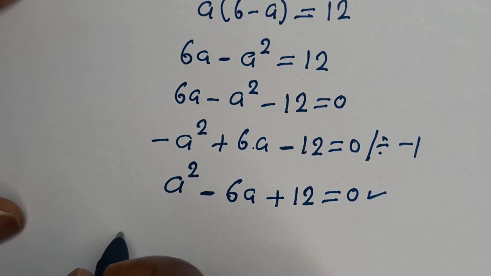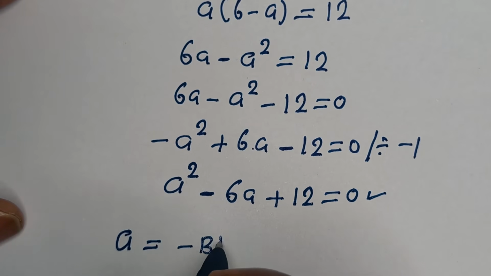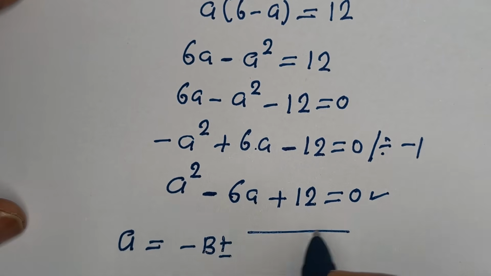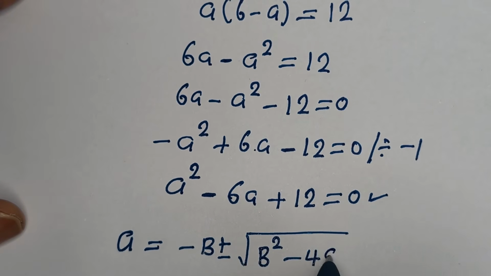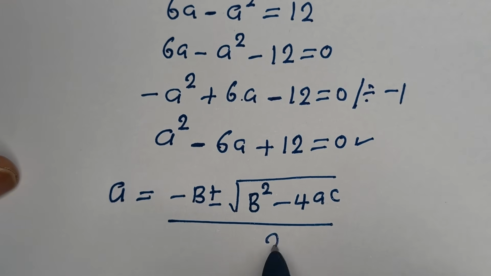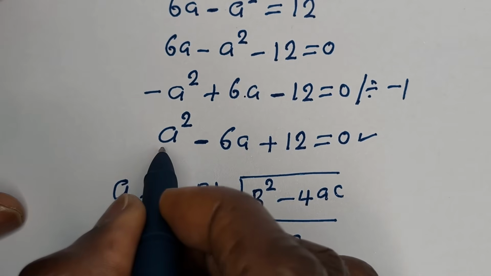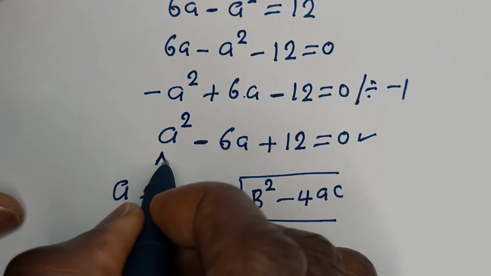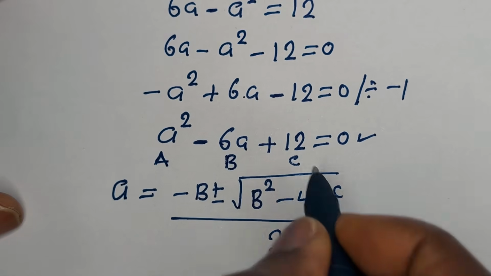From the quadratic general formula, A is equal to minus B plus or minus square root of B square minus 4AC over 2A. From this equation, A is this, and B is this, and C is this.